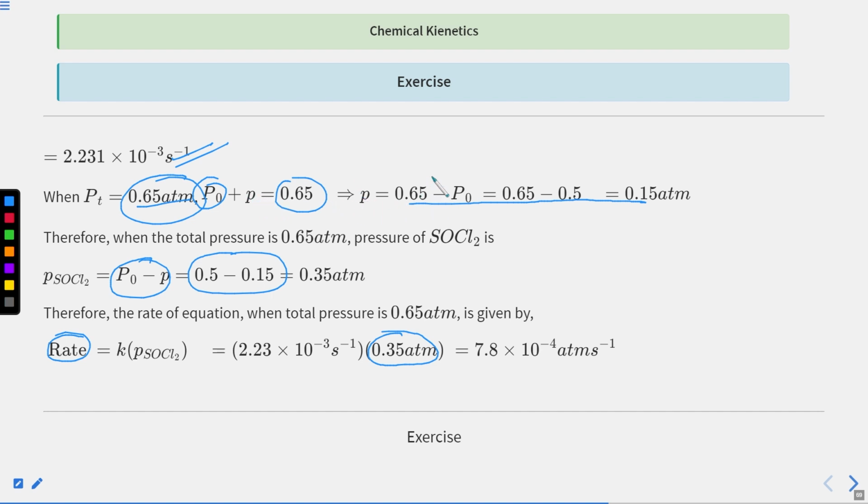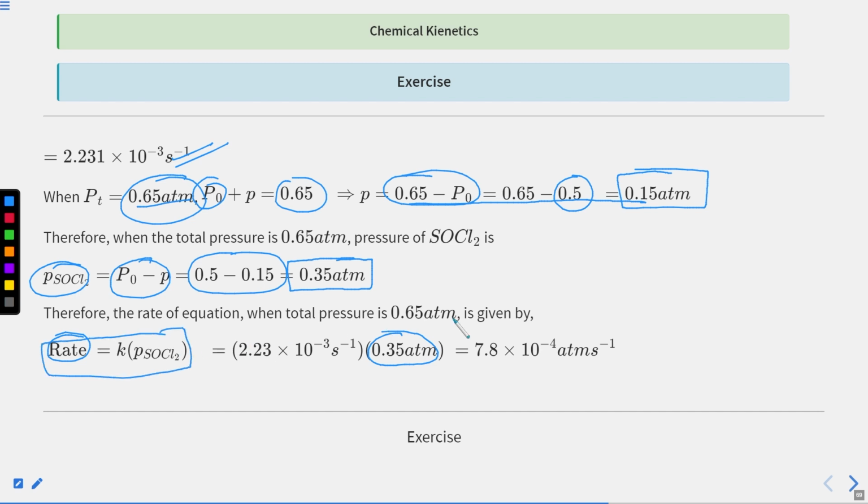So p will be equal to 0.65 minus P naught, which is 0.15. Now P naught minus p will be the pressure of SO2Cl2, that is 0.5 minus 0.15, and that is what we need for our rate expression. So we have put all these values and got the value as 7.8 into 10 to the power minus 4 atm per second.